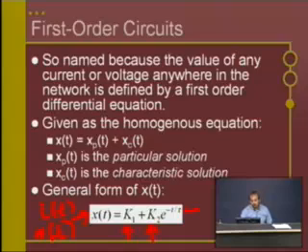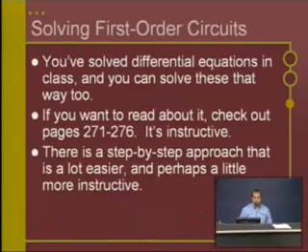And again, tau is our time constant that we will quantify as either RC or L over R. So we'll look at that. But that's going to be the general form of all of the solutions for all of the first order differential equations that we'll see in this section at least.